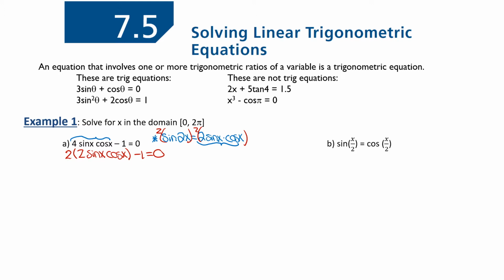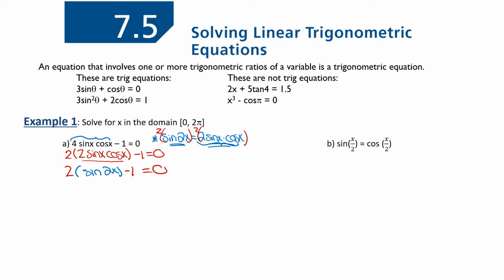So my next step now is I can swap out this piece here. I'm going to replace that with sine 2x. This is equal to this, so I'm just switching this piece out here. Minus 1 equals 0.